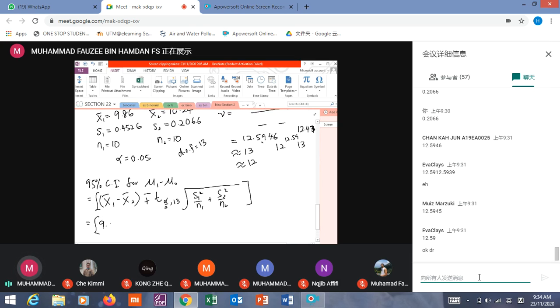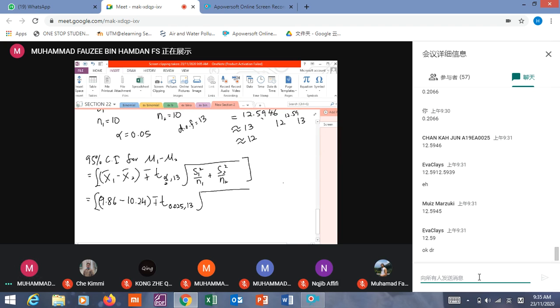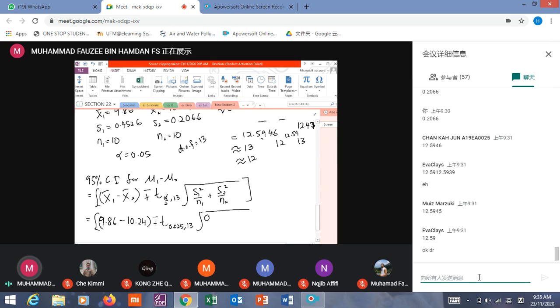This is 9.86 minus 10.24, plus or minus t 0.025, 13, multiplied by the square root of 0.4526 to the power of 2 over 10 plus 0.2066 to the power of 2 over 10.